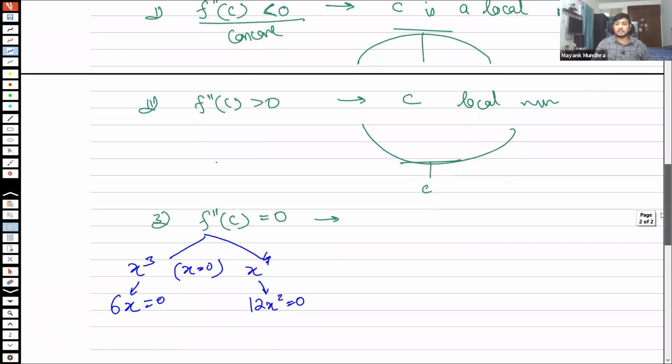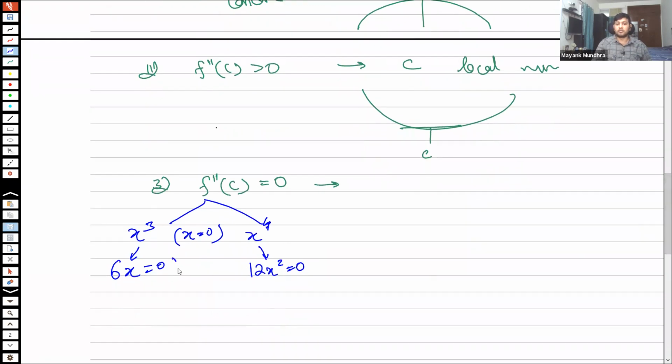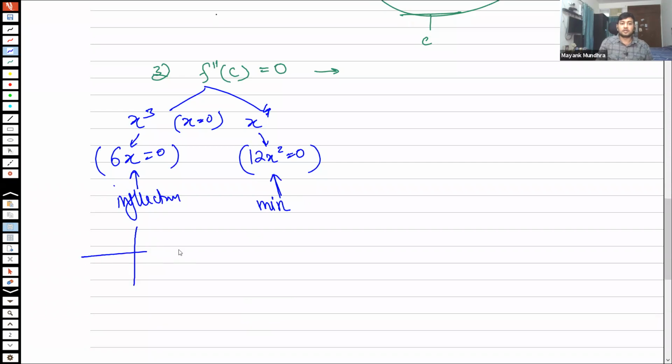But what I get is that this is indeed a point of inflection, whereas this is a minimum. If I were to draw the graphs, the graph of x cube looks like this, whereas the graph of x to power 4 looks like this, a U-shaped graph.